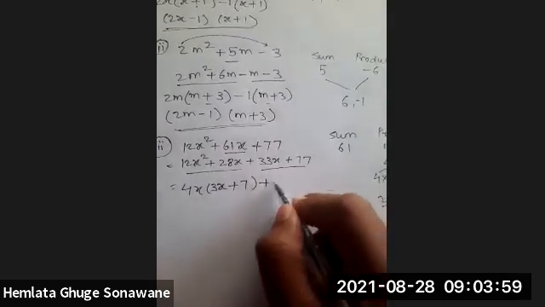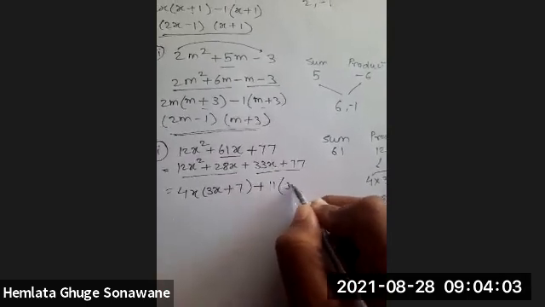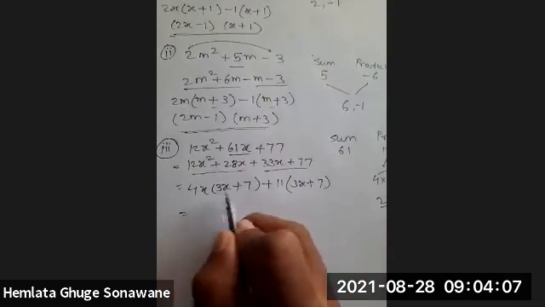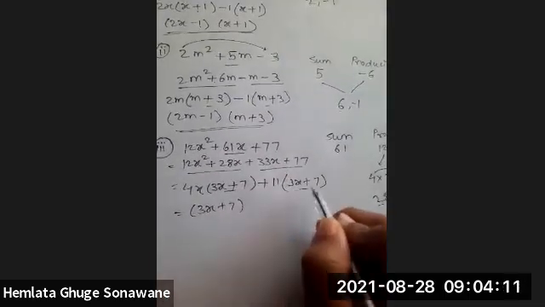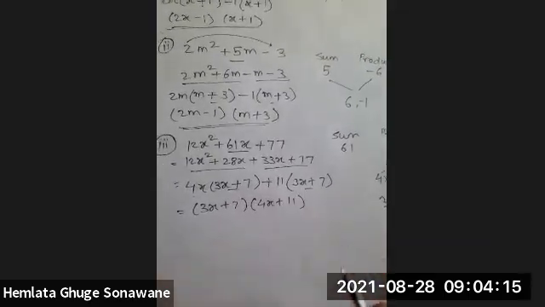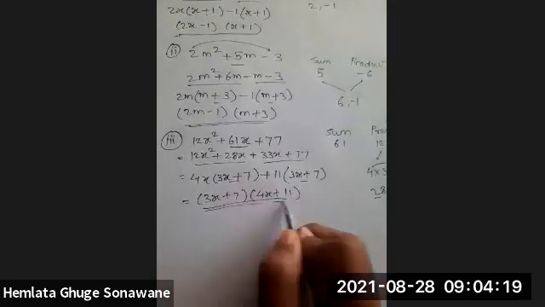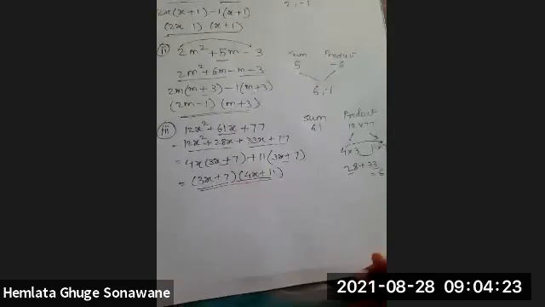Plus here we'll take 11 common, then 3x plus 7 remains. I will write this bracket once, 3x plus 7, and 4x plus 11 in another. Okay, so these are the factors of the given polynomial.